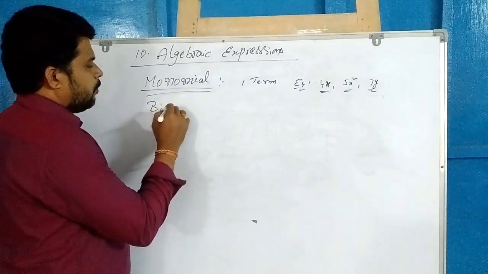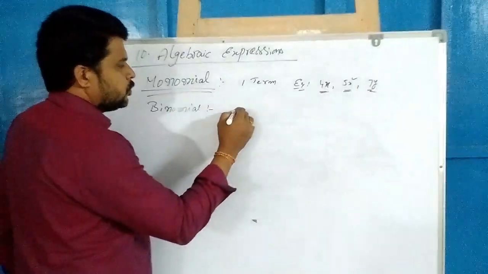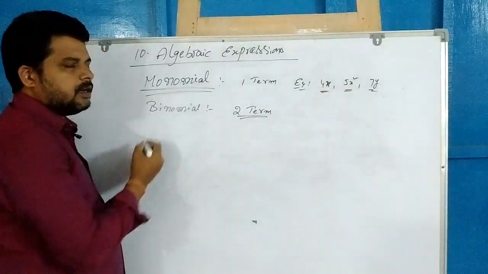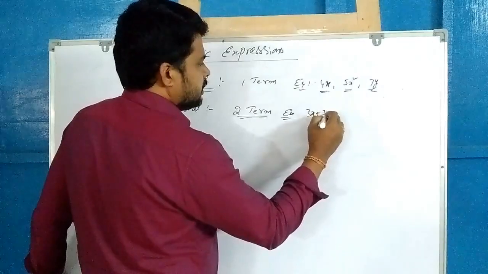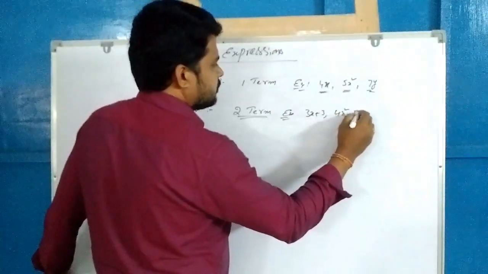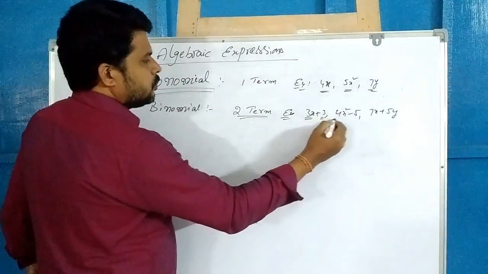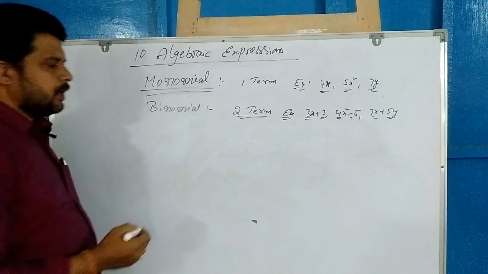Next, binomial. What is a binomial? Any algebraic expression having two terms is called a binomial. Example, 3x plus 3, or 4x square minus 5, 7x plus 5y. These have two terms, so all these are called binomials.